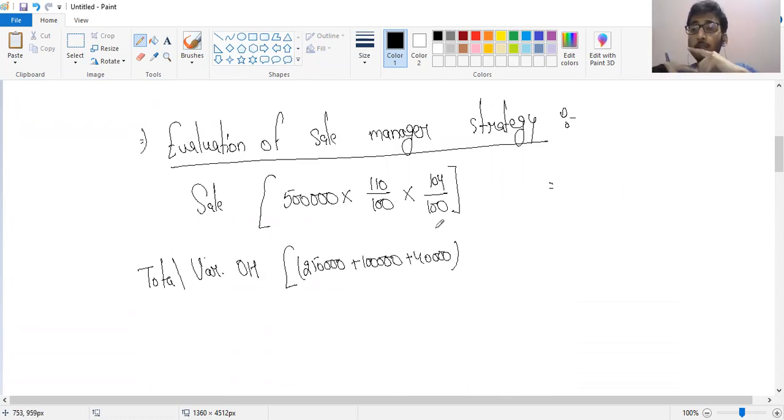Since we are increasing the sale volume by 10%, the variable overhead would also be increased by 10%, because as the sale volume varies, the variable overhead also varies.